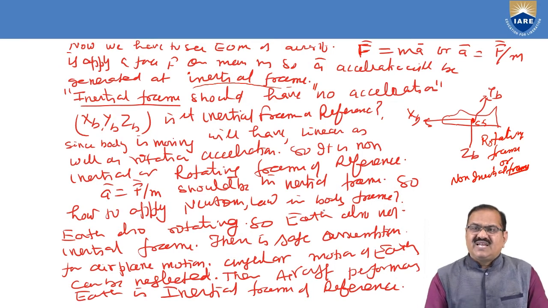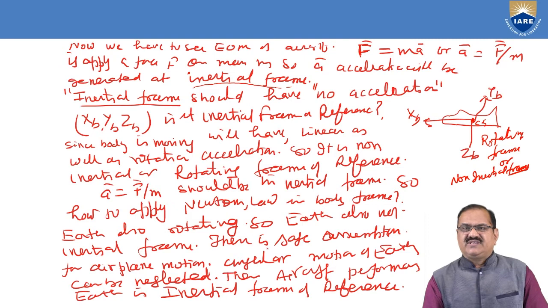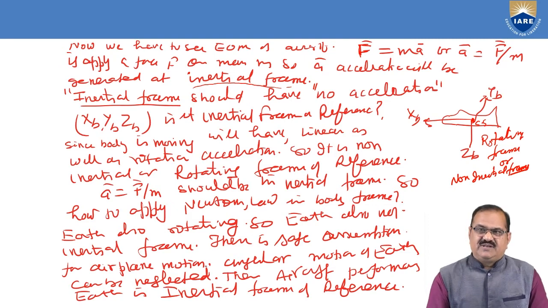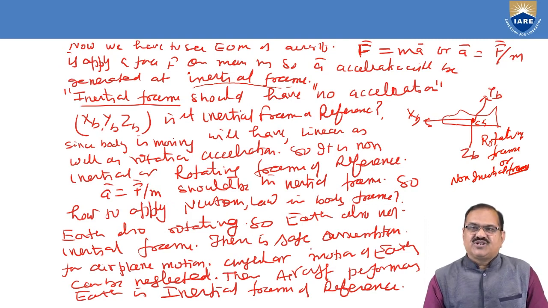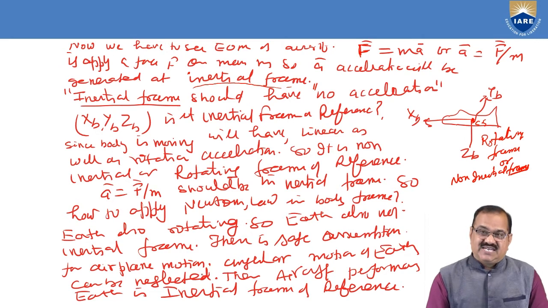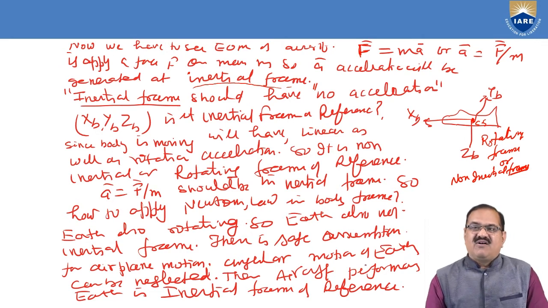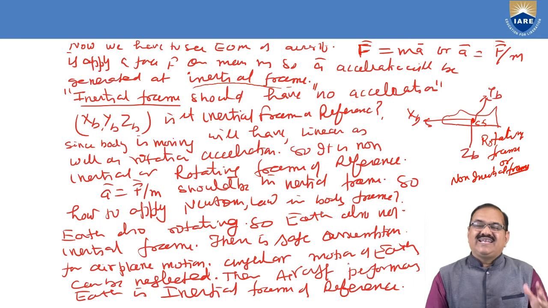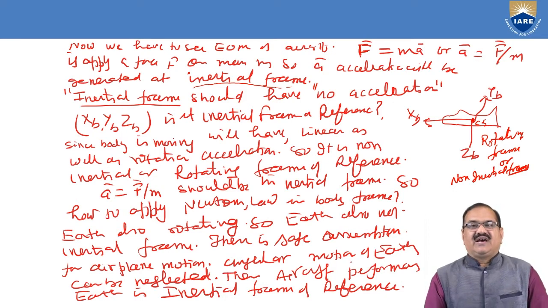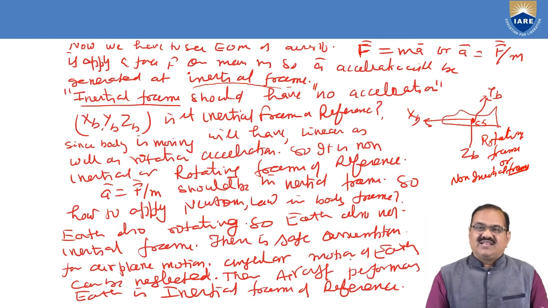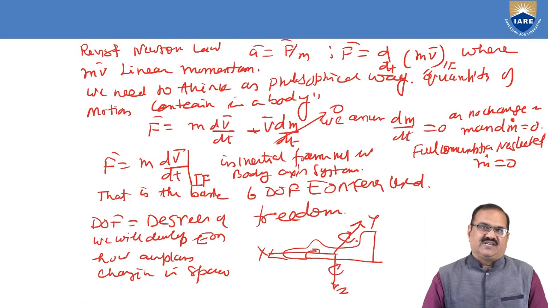There is a safe assumption for airplane motion: the angular motion of the earth can be neglected, then the earth is an inertial frame of reference for aircraft performance. We can take the assumption that the angular motion of the earth is very, very small compared to the angular motion of the aircraft. So we can take the earth as an inertial frame of reference.